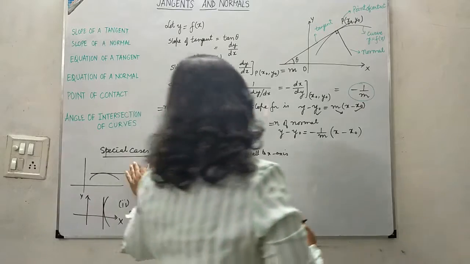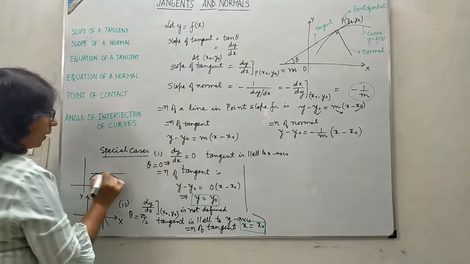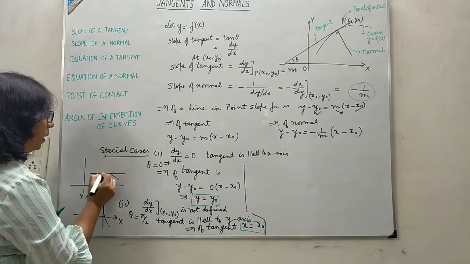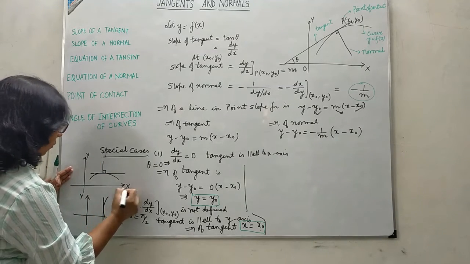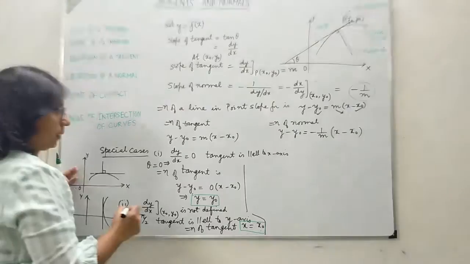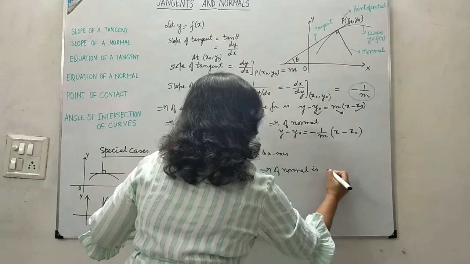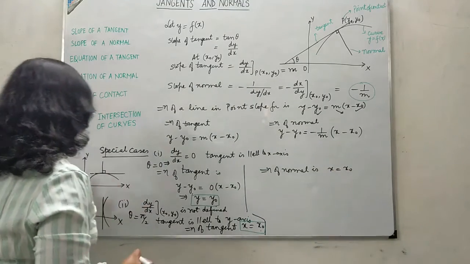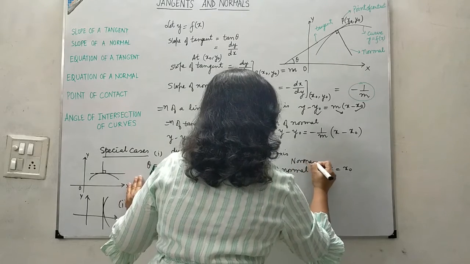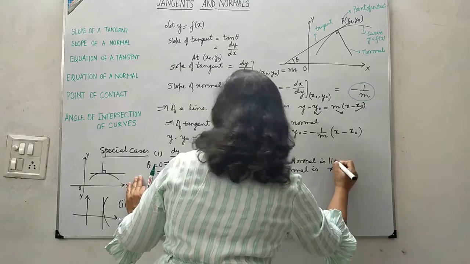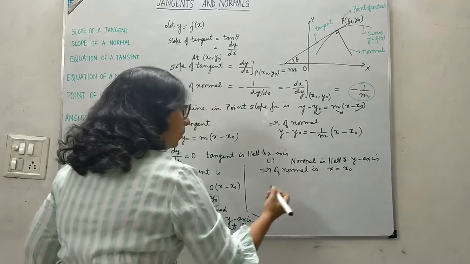Now, for the same special cases, we have equation of normal. Now, if this is the tangent parallel to x-axis, then normal will be on this line. Then normal will become parallel to y-axis. And in this case, equation of normal is x equal to x0. So in the first case, normal is parallel to y-axis and equation of normal is this one.